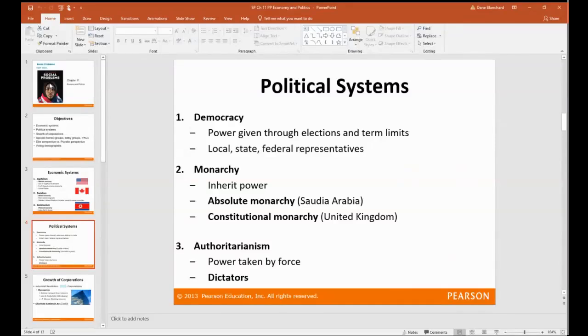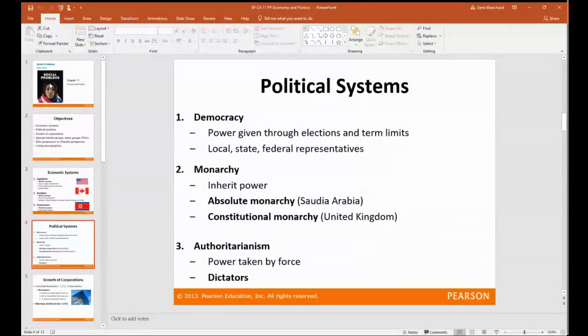Here in the United States, we have a democracy. Within a democracy, power is something that is given over by the American people through the electoral process. People elect people and they give them positions of power on the local level, on the state level, and on the federal level. The House of Representatives, the U.S. Senate.